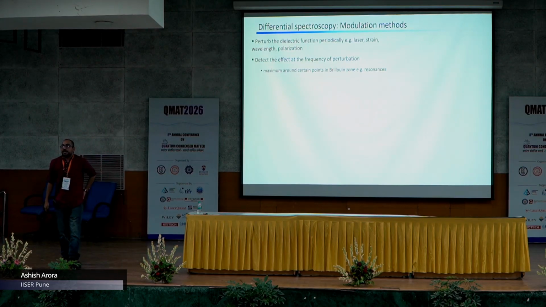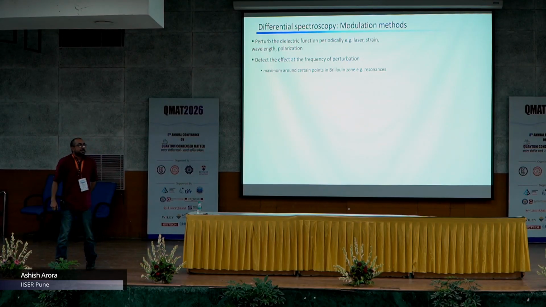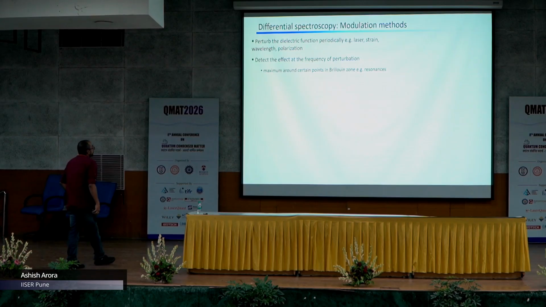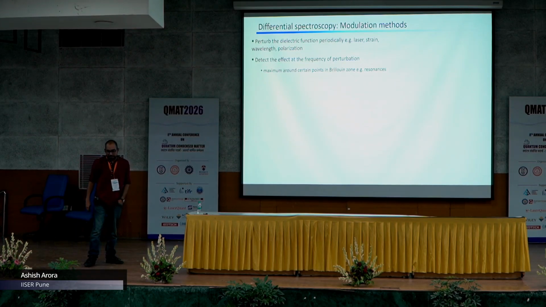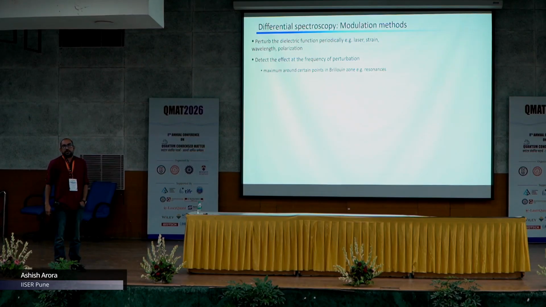Differential spectroscopy is very interesting. Here we perturb the dielectric function of a material periodically, for example by periodically shining a laser, applying strain, changing the wavelength, or changing the polarization. It's interesting because very weak resonances or very weak effects in the crystals can be measured with high signal to noise ratio.